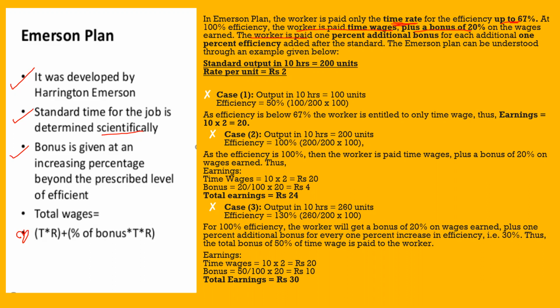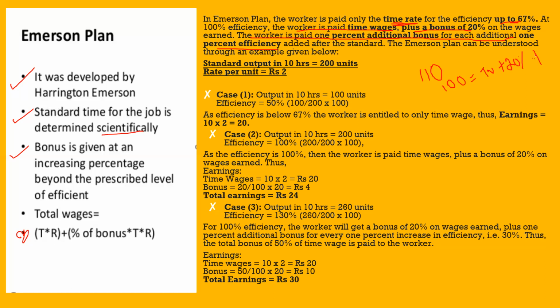The worker is paid 1% additional bonus for each additional 1% efficiency. If the person is doing more than 100%, assume that you had given 110% efficiency. For 100%, you will be given the time wages plus 20% bonus.